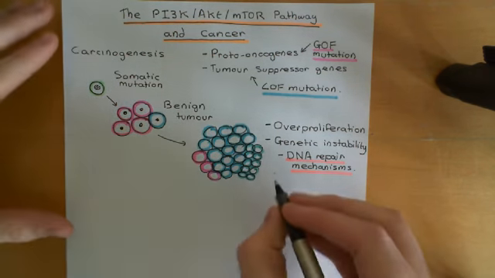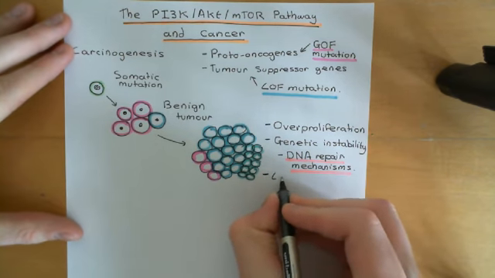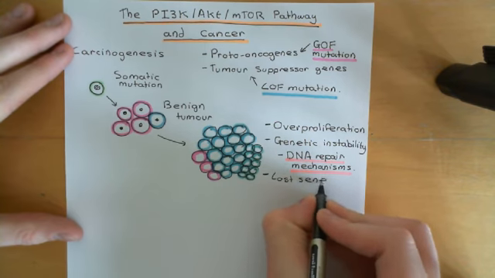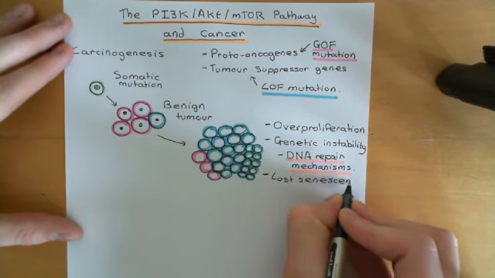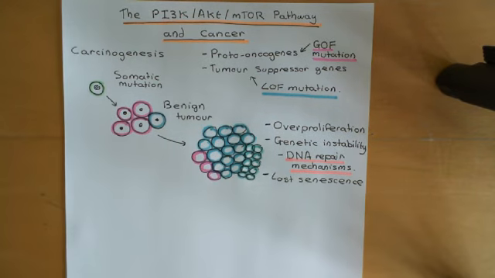You also need to lose senescence, okay? So let me explain what I mean by this. Lost senescence is one of the key phenotypes of cancerous cells. Normally, cells that can divide in the human body, for instance fibroblasts, hepatocytes, and smooth muscle cells, cannot divide forever.